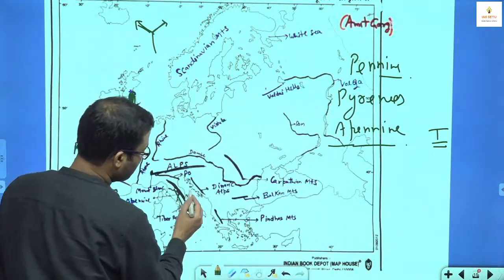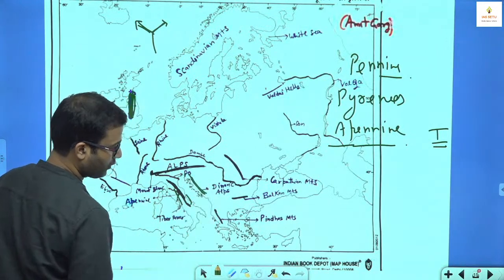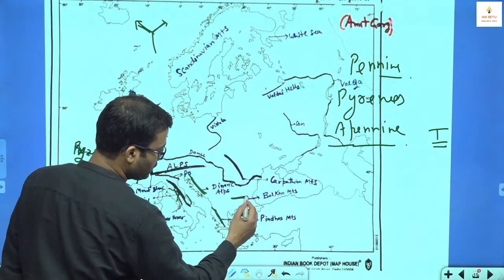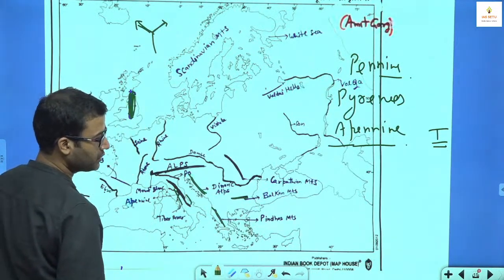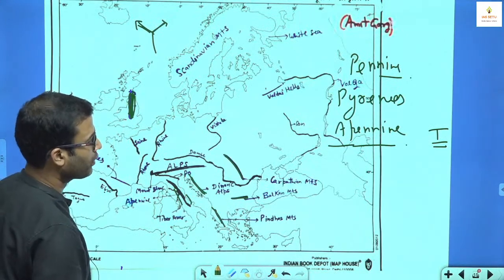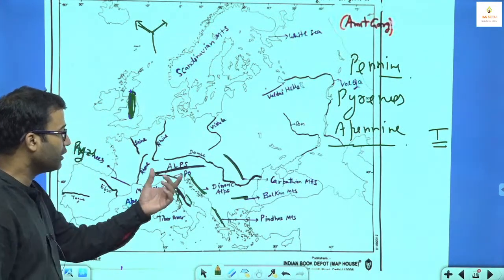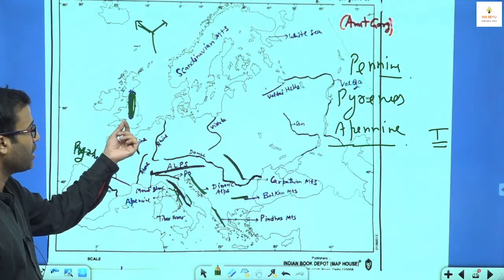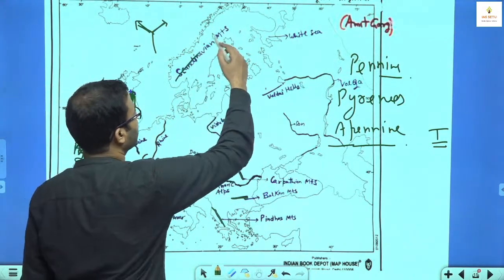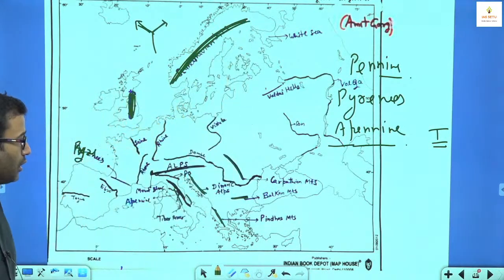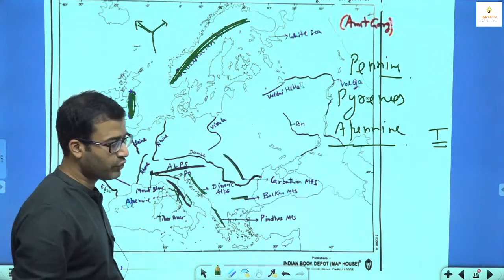This is Dinaric Alps, this is Pindos, this is Balkan Mountains, this is Carpathian Mountains. Important ones are Alps, Apennine, Pyrenees, Pennine, and these are the Scandinavian mountains. So we will see all this one by one.